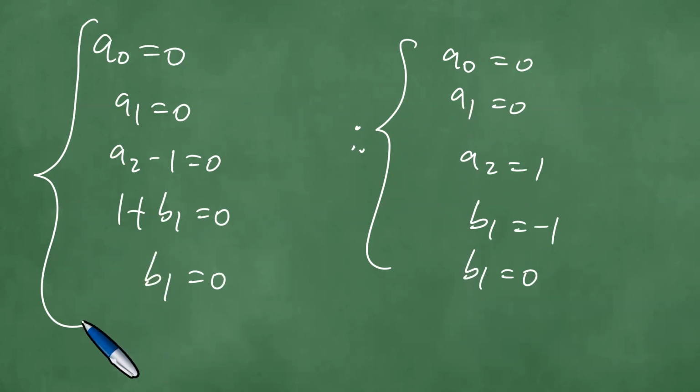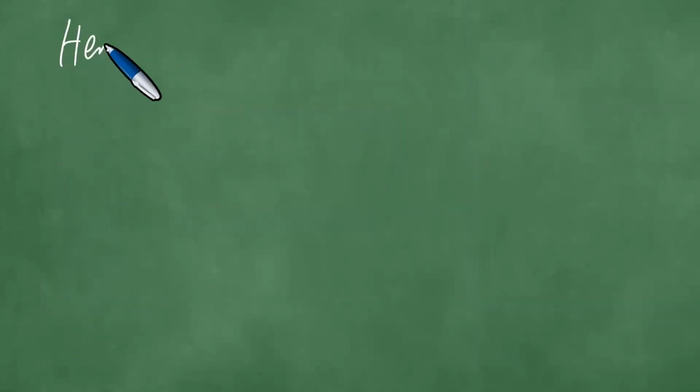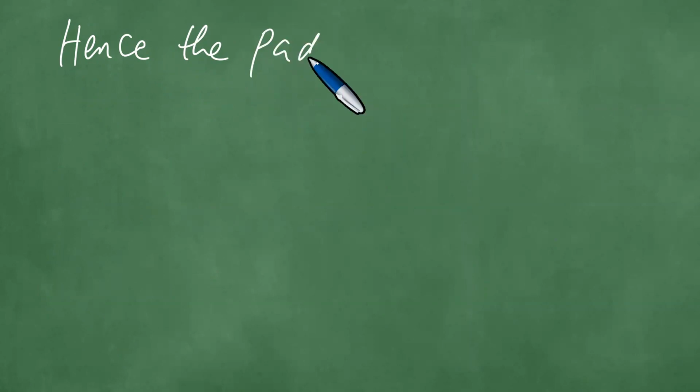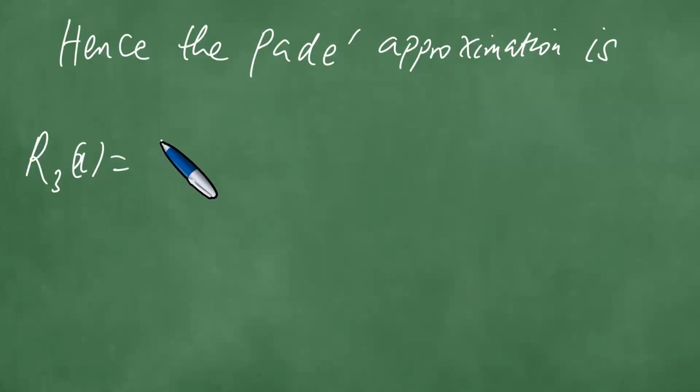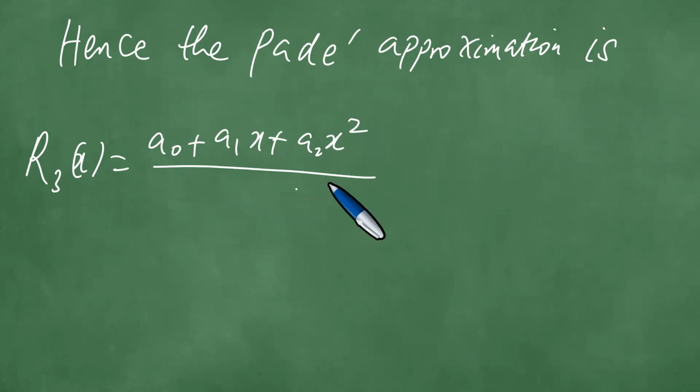Okay, very strange things here. Hence, the Pade approximation is R3 of x, which we saw is A0 plus A1x plus A2x squared over 1 plus B1x.